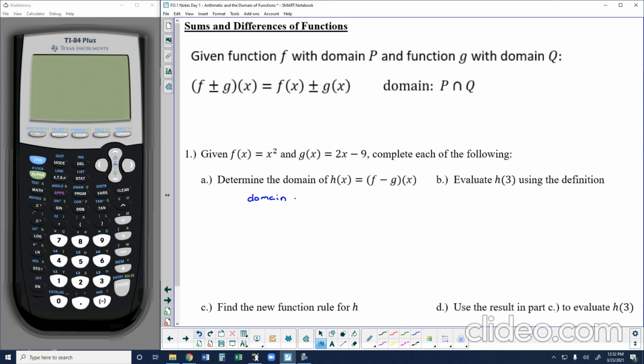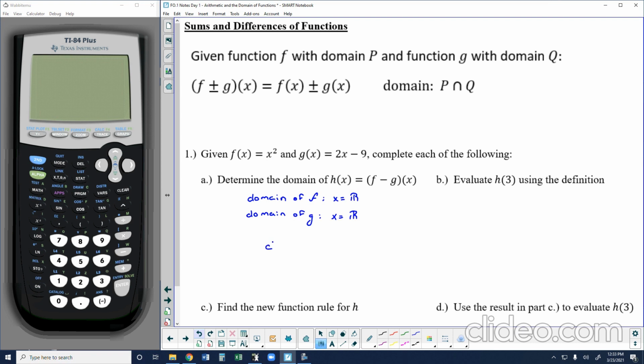So the domain we know of f is going to be all real numbers. It is a polynomial without restrictions on the domain, and so it's going to have a domain of all real numbers. G of x is a line. So the domain of g is also going to be all real numbers.